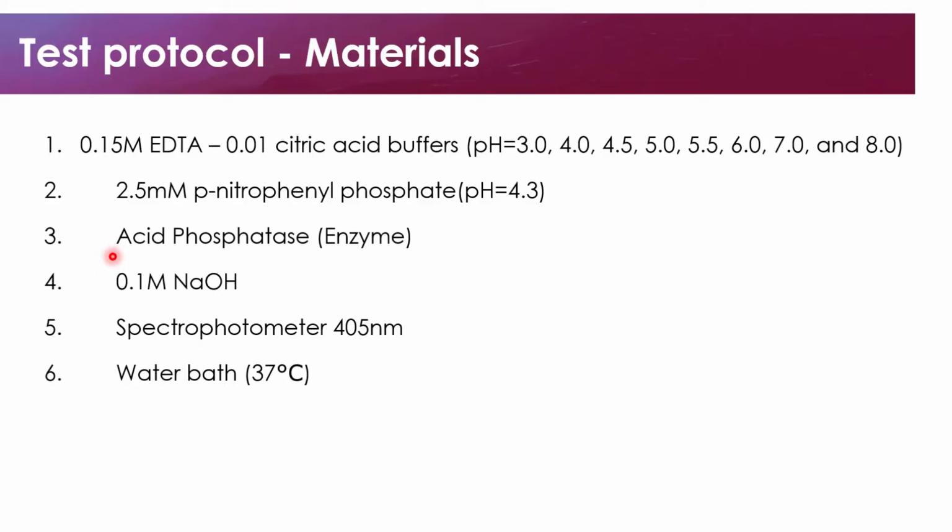We also have our acid phosphatase as our enzyme. We have our 0.1 molar sodium hydroxide. We also have our spectrophotometer set to a wavelength of 405 nanometer and our water bath set to a temperature of 37 degrees Celsius.